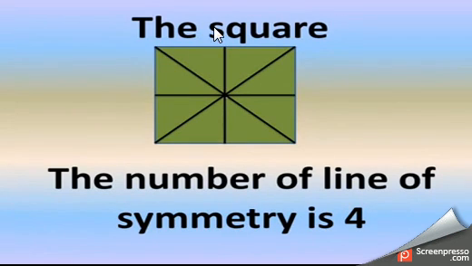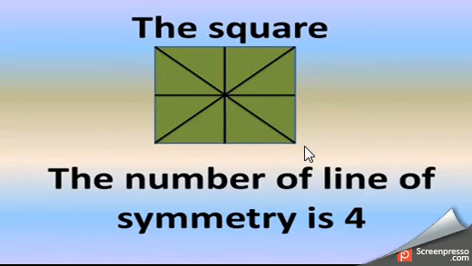The first figure is the square. The number of lines of symmetry is 4. How, mister? If I draw a vertical line, it will divide the square into halves. When I fold these two halves, they cover each other completely.